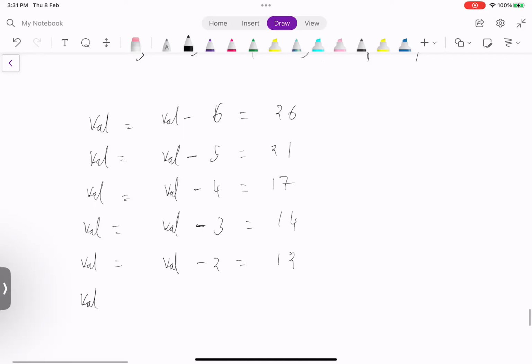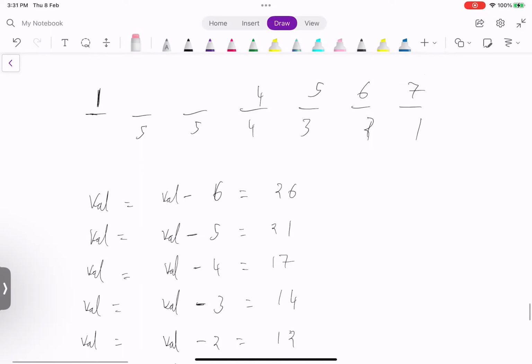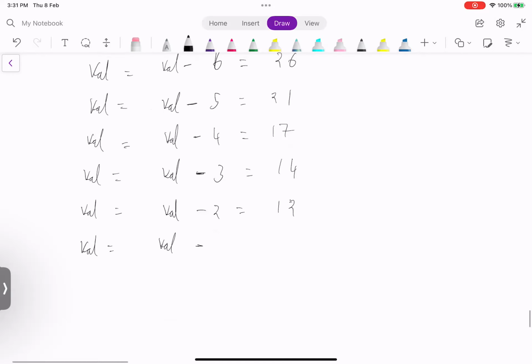Sorry, previously it's not 5, we get the 3 here because of the next smallest. So if we put a 3 here, it's 5, 5. Now we'll push the 3 over here and put a 2 over here. Then we get 6 over here, okay? So the value is value minus 1.